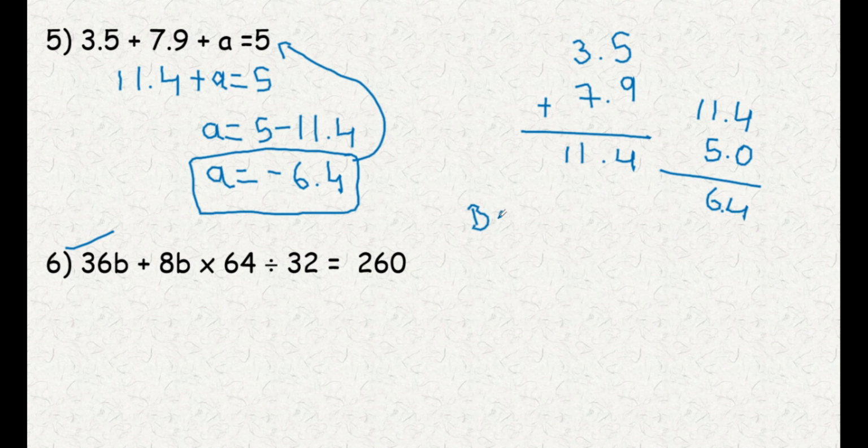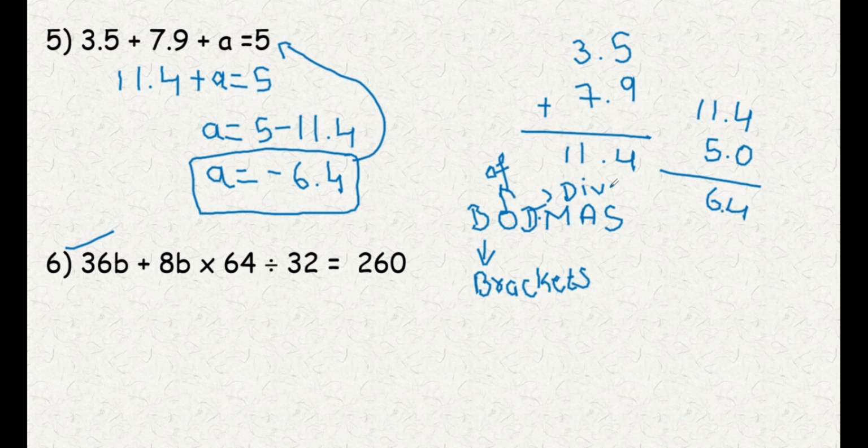I think you may have heard of this rule, BODMAS, which means B means brackets, O means of, which means special multiplication, D means divide, M means multiply, and finally A means add, S means subtract.